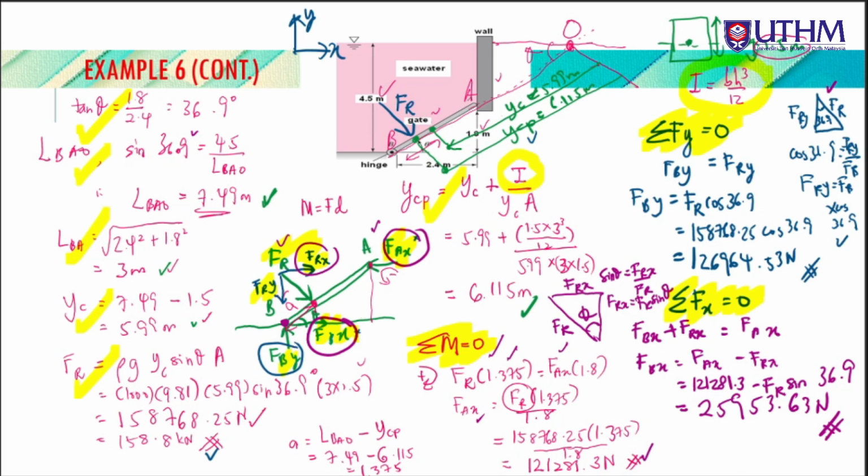Kalau macam dekat A ni, confirm dia akan bergerak dalam X direction sahaja kan, that's why dia ada FAX sahaja. Kalau dekat hinge ni, kita ada both FPY dengan FPX, dan juga resultant ni kita ada both FRY dengan FRX. Hence kita boleh dapat the value untuk yang requested tu adalah di forces yang bertindak ke atas point A dan forces yang bertindak ke atas point B, yang mana kita boleh pecah pada dua komponen Y dan X. Okay.